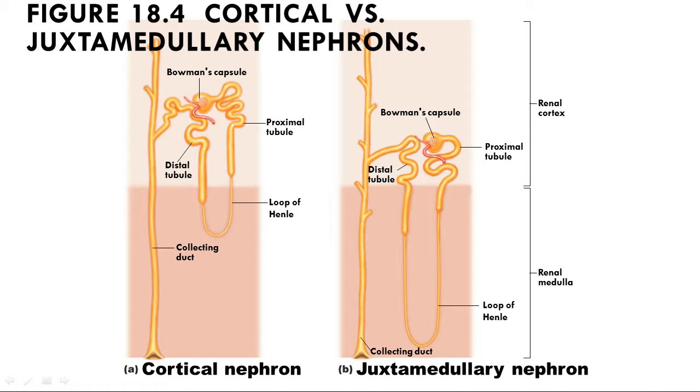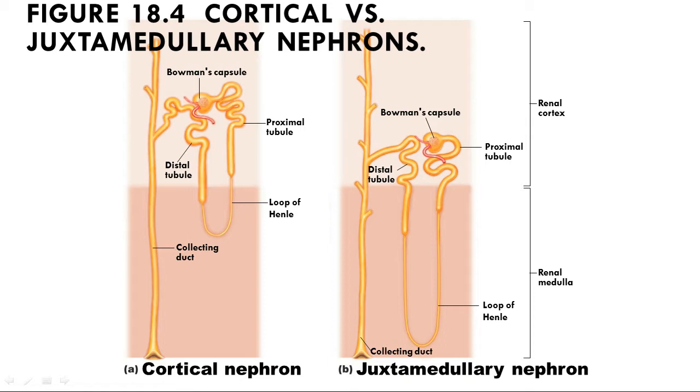The question is then, well, why the difference? The reason is that the longer nephrons extend into the medulla, they help establish a concentration gradient in the interstitial fluid. So the deeper you get into the medulla, the more concentrated the interstitial fluid is.